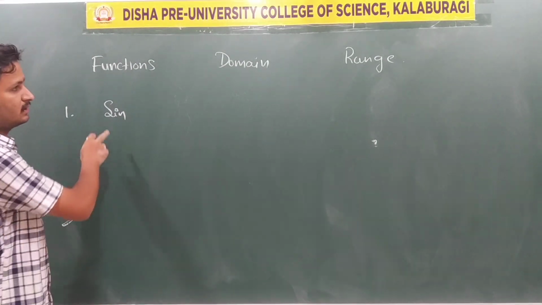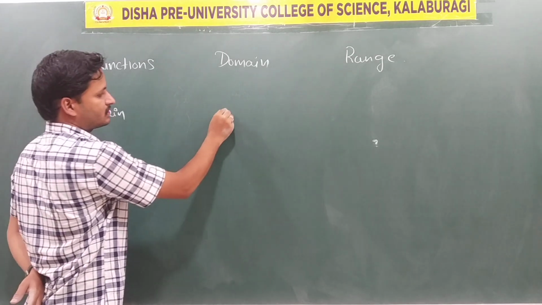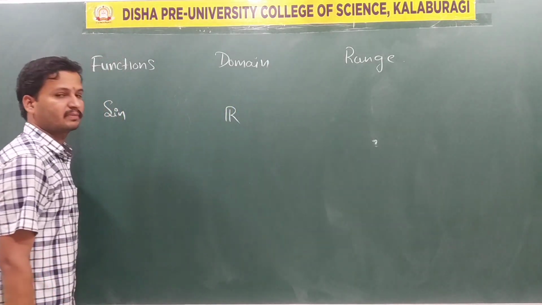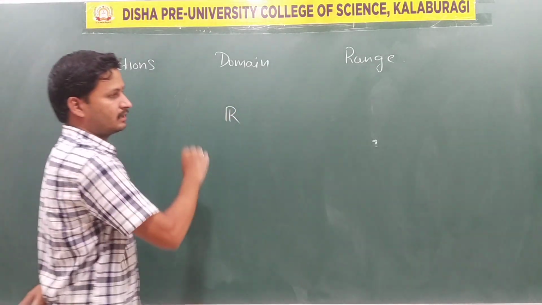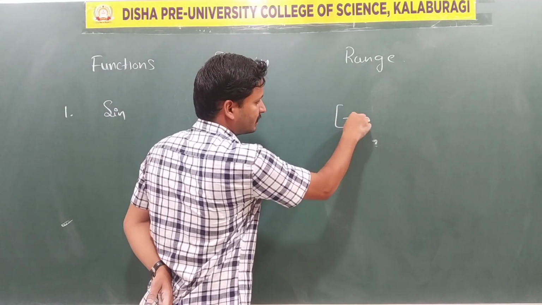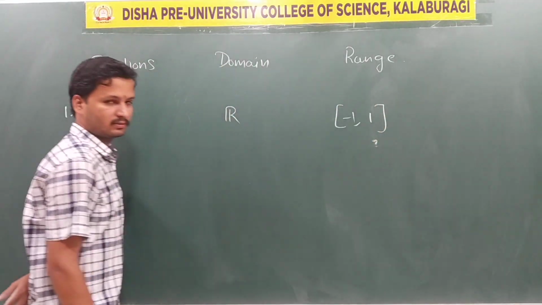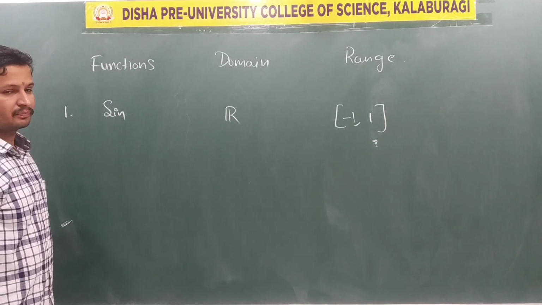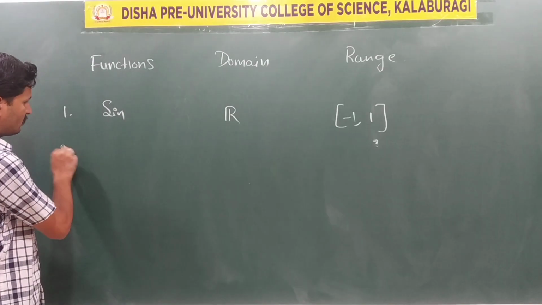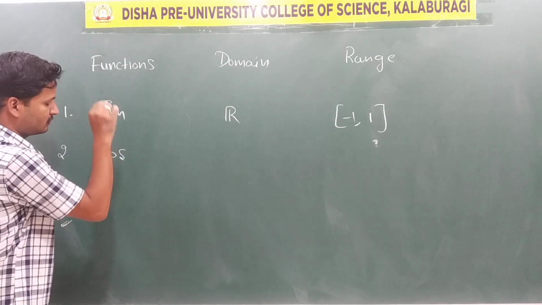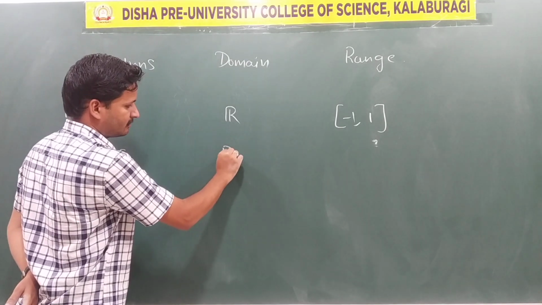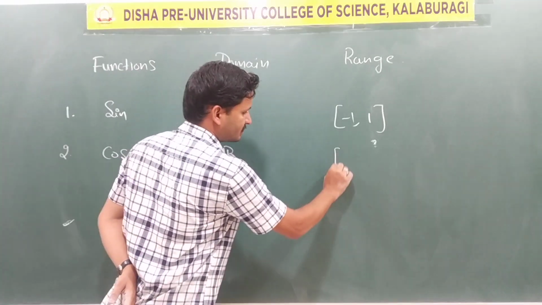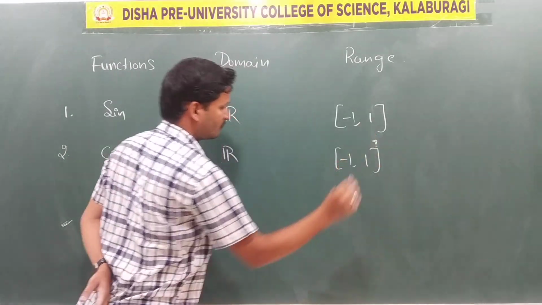For the sine function, the domain is the set of real numbers, R, and the range is the closed interval −1 to 1. Similarly for the cos function, the domain is the real number system and the range is the closed interval −1 to 1.